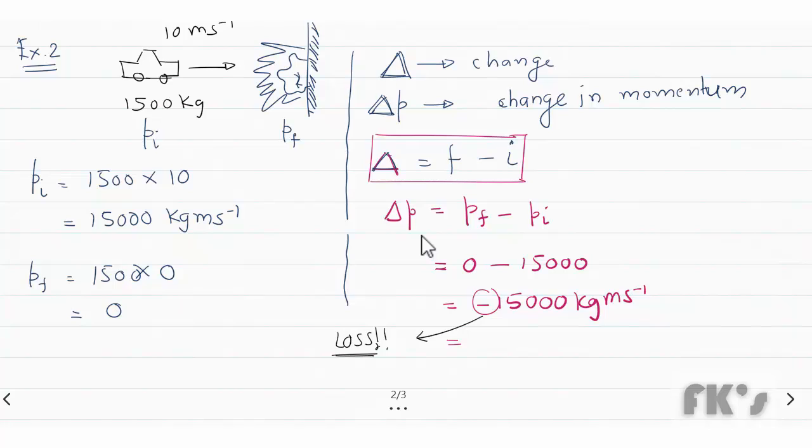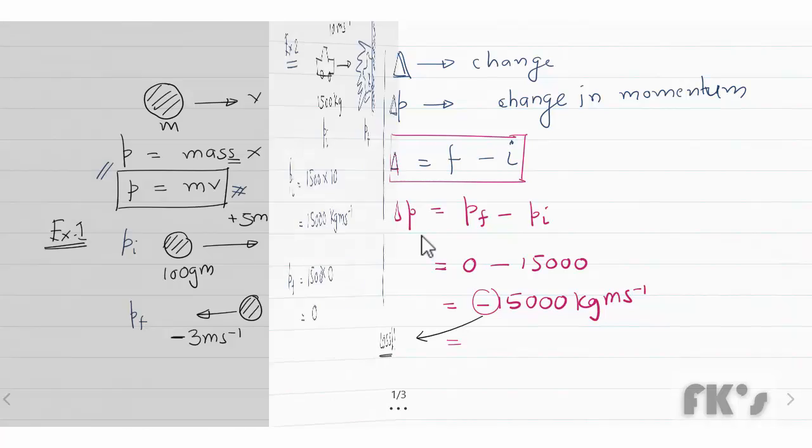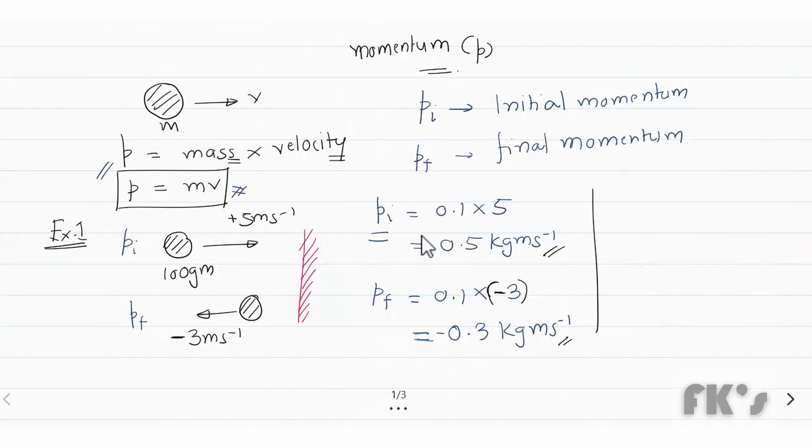Let's skip back to the previous question and see what the change in momentum is for that ball which collided with the wall. This is the question I was referring to. Delta p, the change in momentum, is, as I told you, pf minus pi.